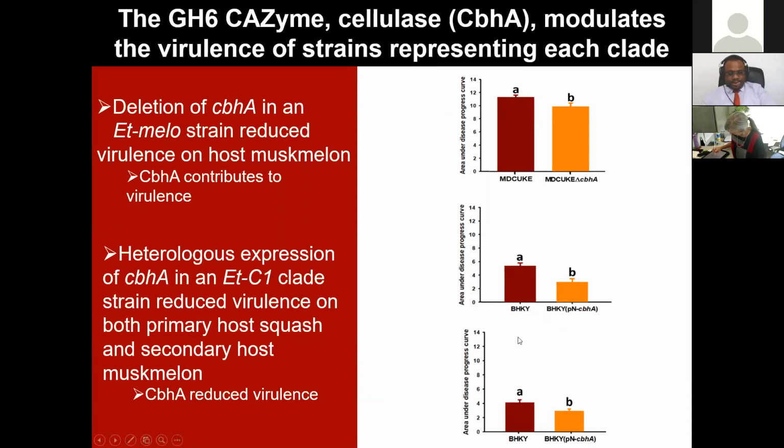So this tells us that each clade is very specific in its selection of subsets of carbohydrate active enzymes, and that the enrichment of the GH6 CAZyme family appears to play a role in the virulence of the melon strains.